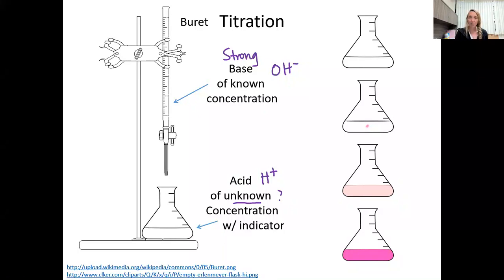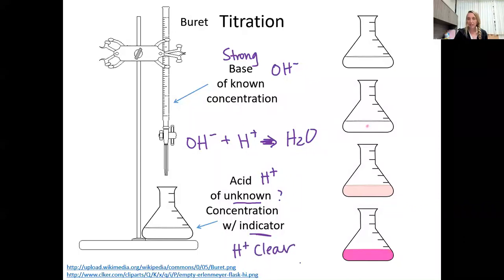In the flask we also have the phenolphthalein indicator. The OH- at the top is going to react with the H+ at the bottom to form water, H2O. Remember, because of phenolphthalein, if there's acid or H+ around, it's clear, and if it's OH-, it's pink.